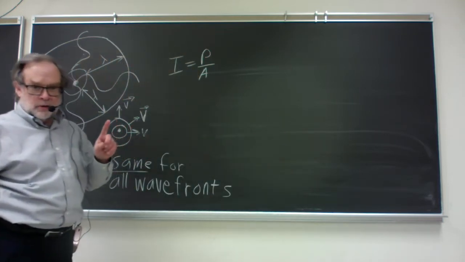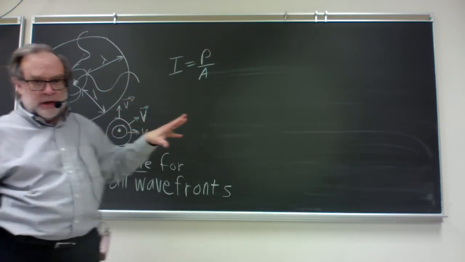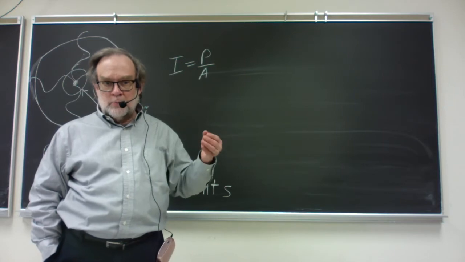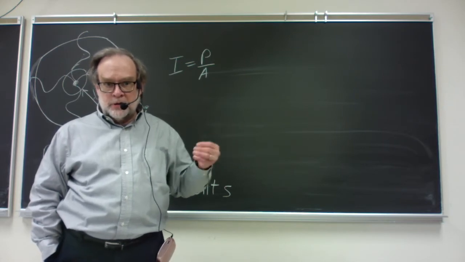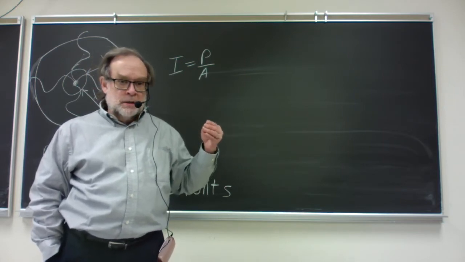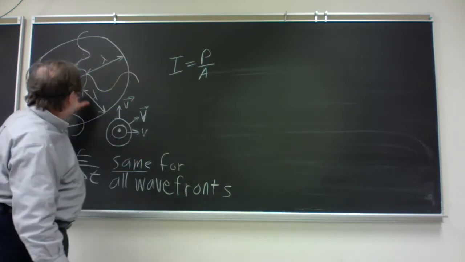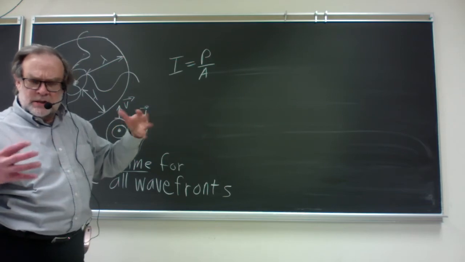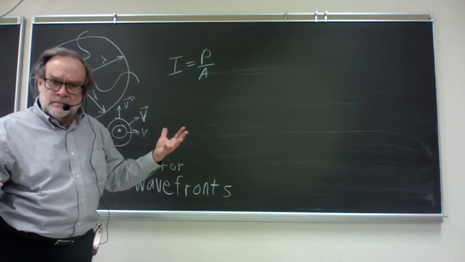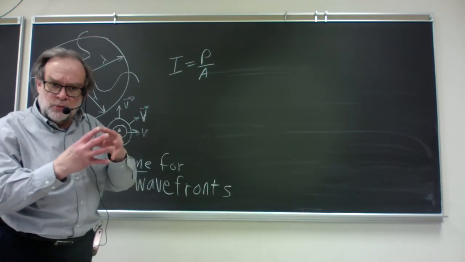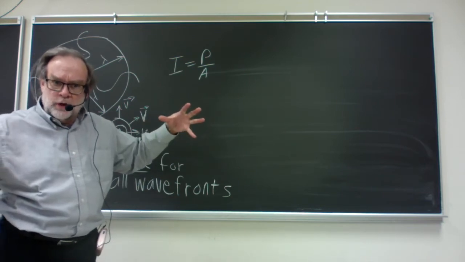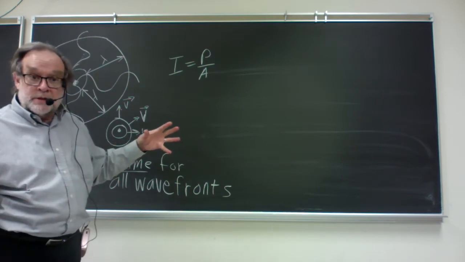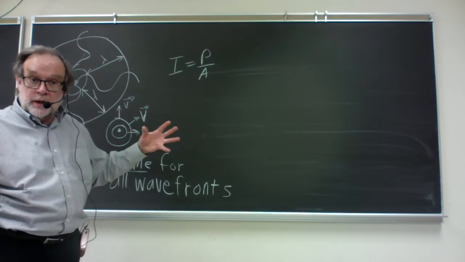But here's the deal. Think of each wavefront as carrying some energy that it will give to air molecules to make them start to vibrate. No matter what the size of a wavefront is, it's always got the same energy, no matter how small or large that spherical wavefront is. And the wavefronts are always traveling at the same speed, no matter how large they are, no matter where they are.